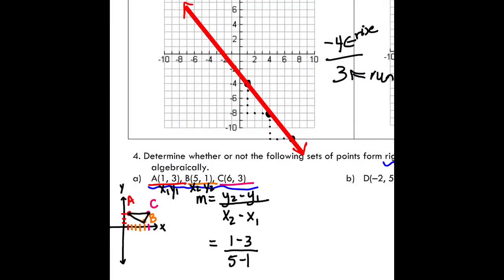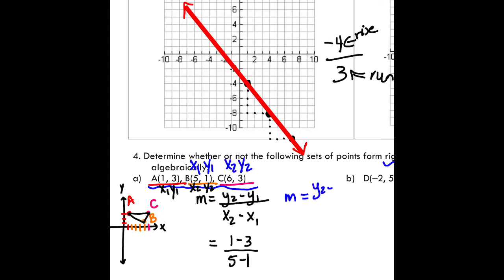All right, I just did the slope between A and B, so let's do the slope between B and C. So this is going to be my x1, y1 point. This will be my x2, y2 point.